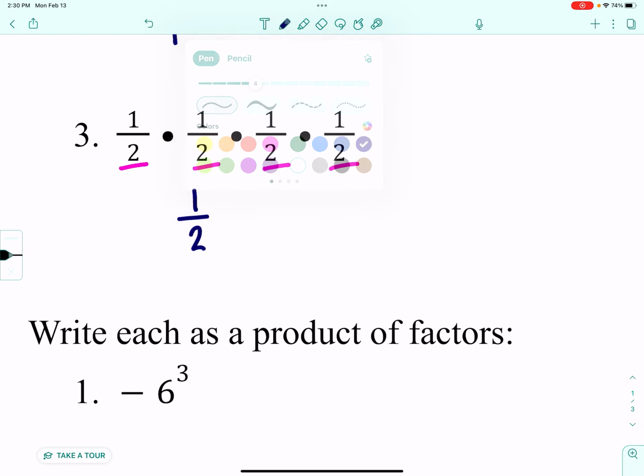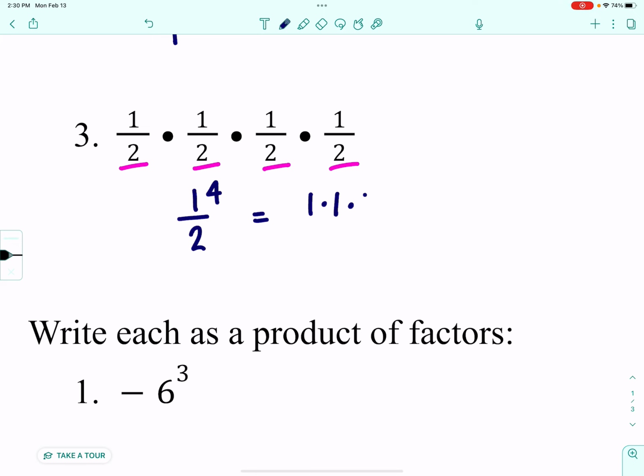But here is what I want to caution you about. The way that's written says 1 times 1 times 1 times 1 divided by 2, and that is absolutely not the same as what was written in the example. We wanted the 2 4 times also.